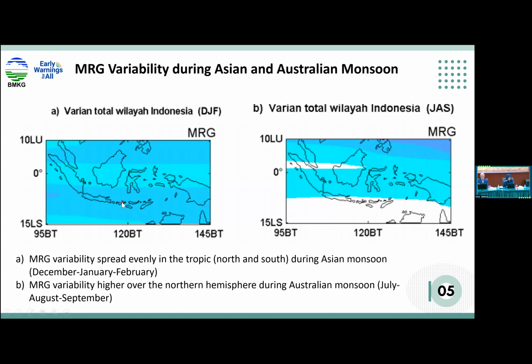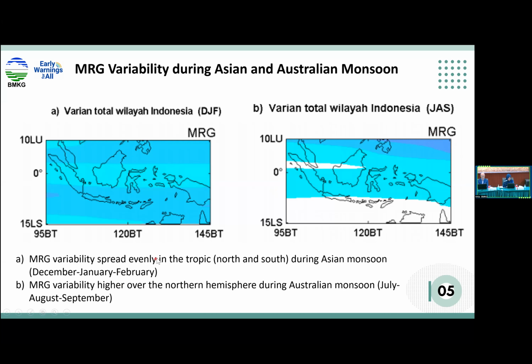It shows us that MRG variability spreads evenly in the tropics, north and south, during the ASEAN monsoon in December, January, and February, even though the amplitude of the perturbation is not as significant as during the boreal summer, because we see here that during boreal summer we have a more significant perturbation in the northern part of Papua Island.